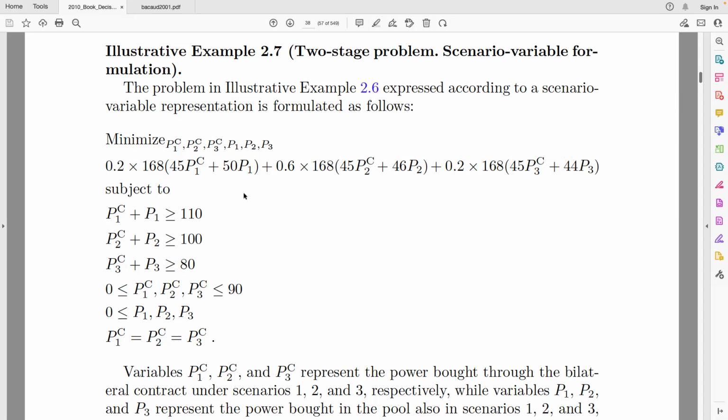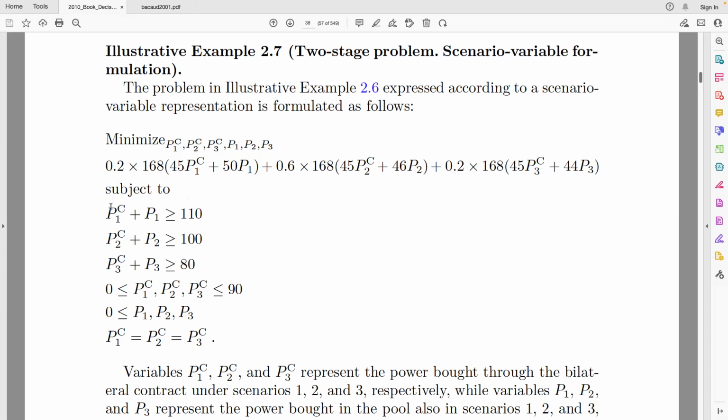Constraints, same as the previous example. The power that we buy from the contract plus the power that we buy from the pool in scenario one has to be greater than the demand. Similar for scenario two and scenario three.